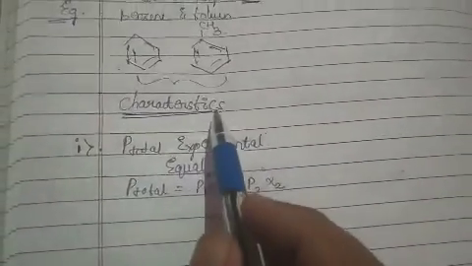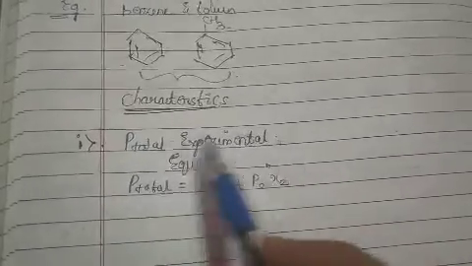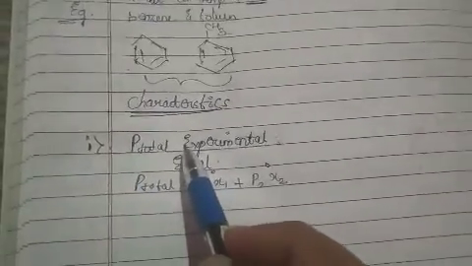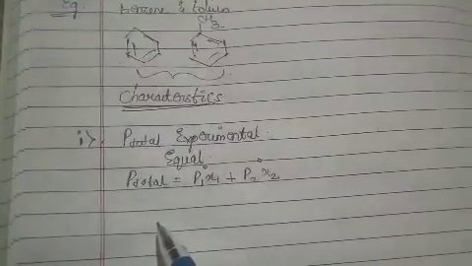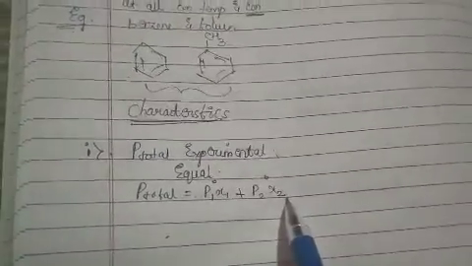So that is the first characteristic. The experimentally determined total vapor pressure of the two solutions is equal to the value calculated from Raoult's law.